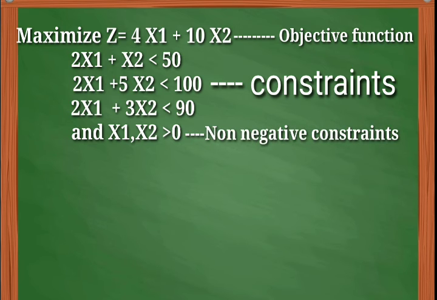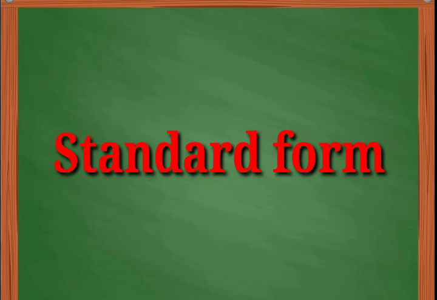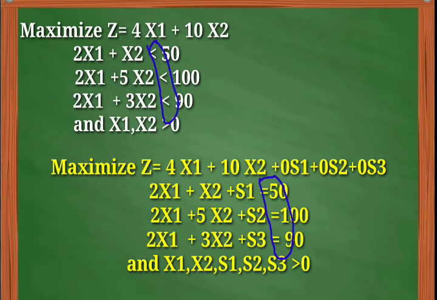Now in step 1, we want to convert the linear programming problem into standard form. We convert the less than sign into an equal to sign and add s1 as a slack variable. In the second and third constraints, do the same. Now we have to add s1, s2, s3 slack variables in the objective function.